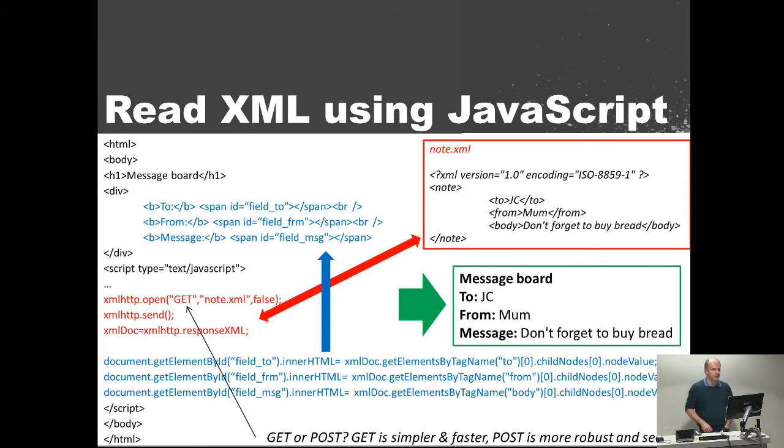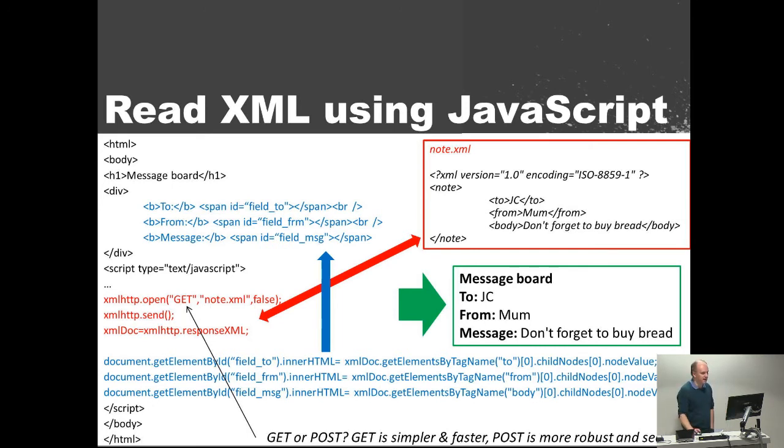Okay, so let's look at how XML and JavaScript are working together. First of all, in the JavaScript section, the script tag is there. What I'm going to do is open that XML file.